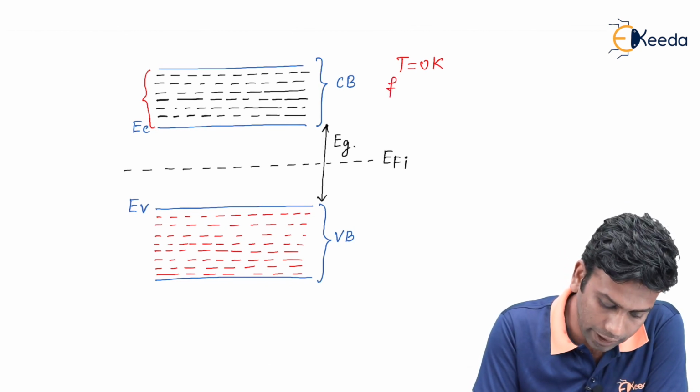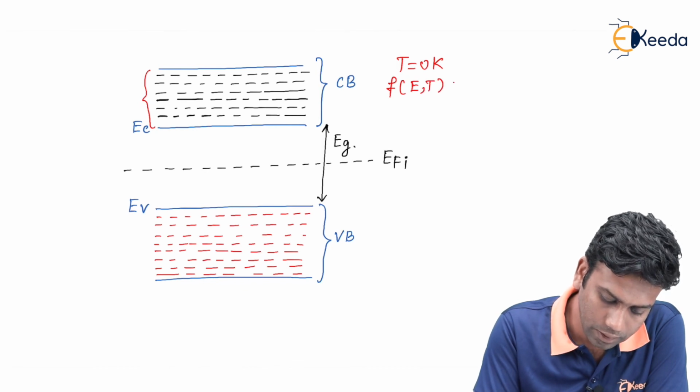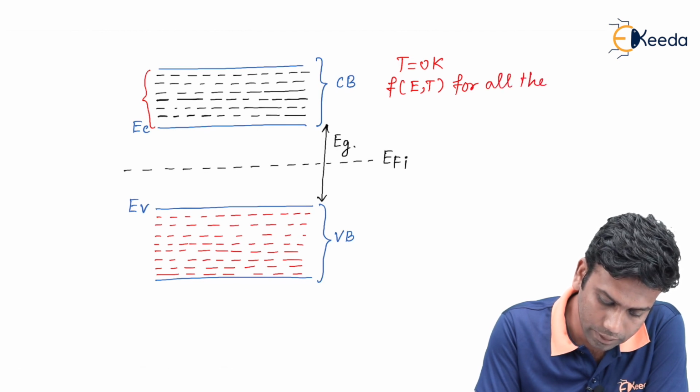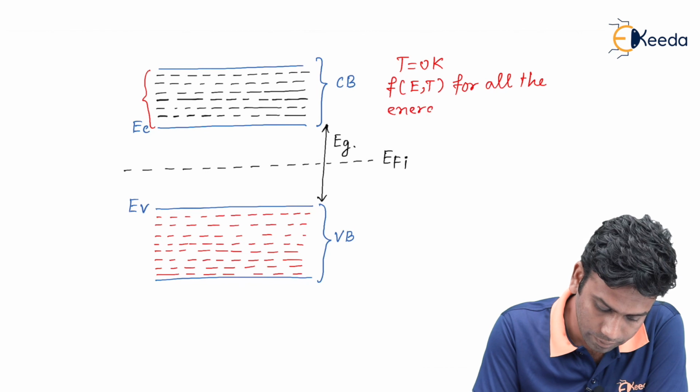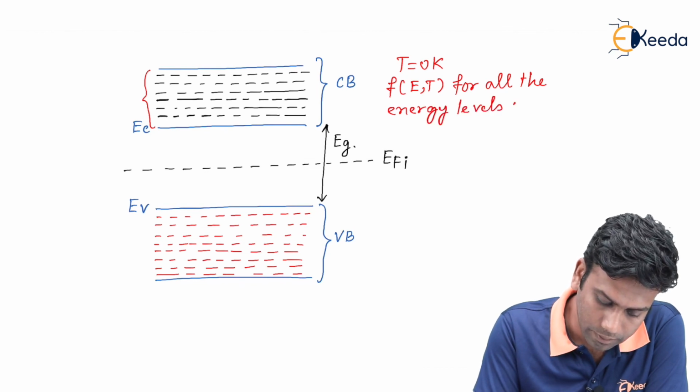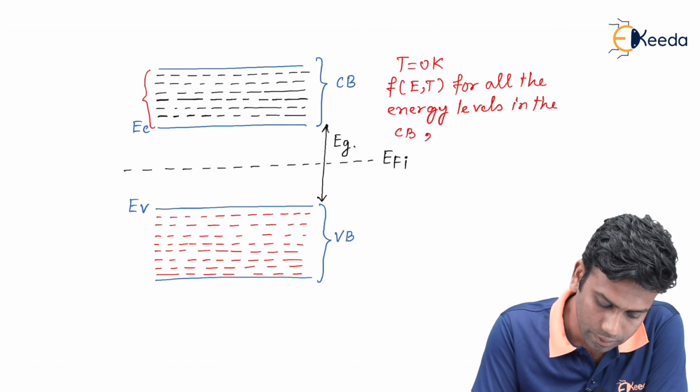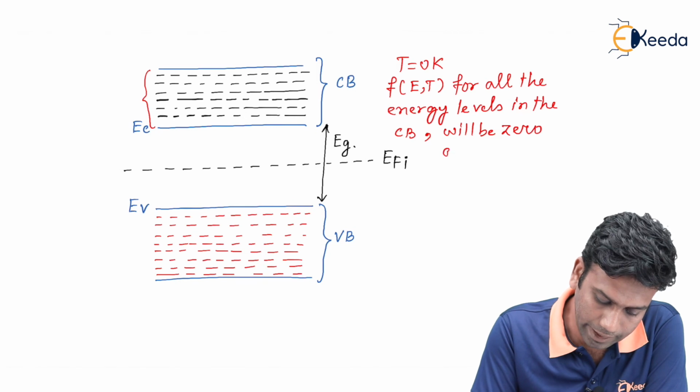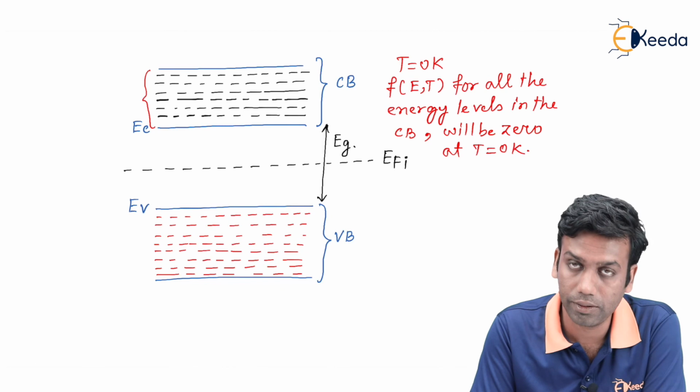That means Fe(T) for all the energy levels in the conduction band will be 0 at temperature equals to 0 K.